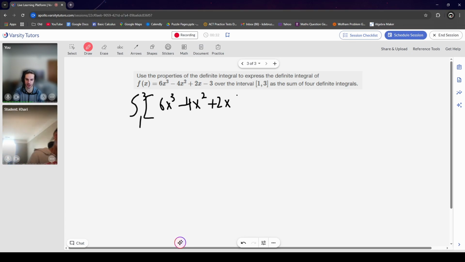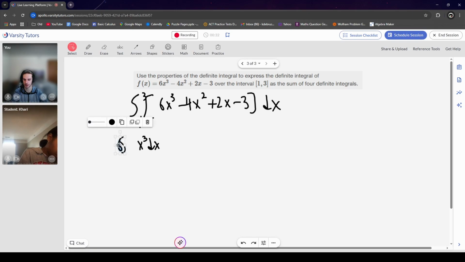But you're right, that is the process we're going to do. When I'm doing definite integrals where there's a lot of pieces like this, I'll just write the integral of 6x cubed, and I'll pull the 6 out front. And I'll leave the bounds off until the end, because we're evaluating all of these from 1 to 3.